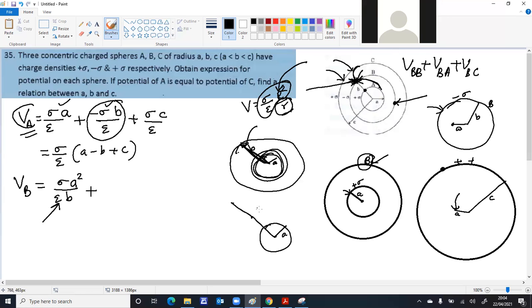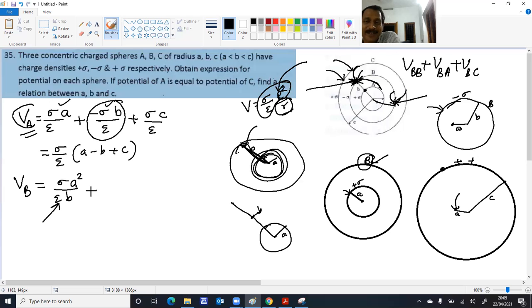So this point has the influence of sphere A, this point has the influence of sphere B, and this has the influence of sphere C. If we find for C, it will be on the surface of C. There will be VCC. Then VBC will be outside of B, and VCA would be outside of A.